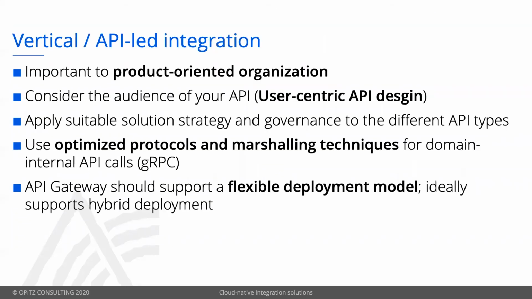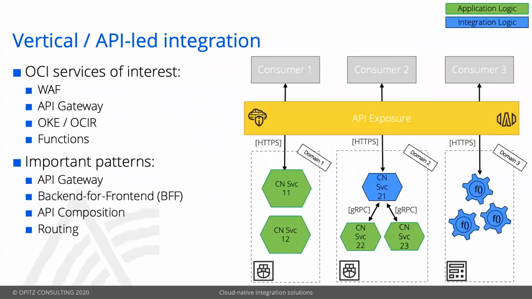So on a vertical API-led integration layer, we need to expose data from our internal systems to the outside world, or data from a SaaS system to the outside world, to our partners, to customers, and other consumers. And how can we do that? We have different consumers.